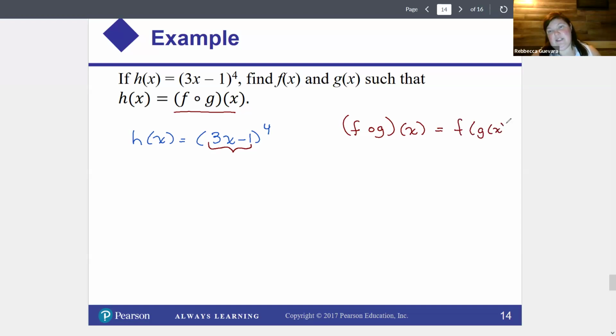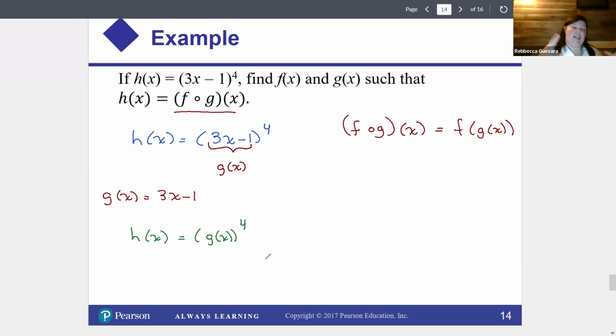So g is going to be the inside part. If we look for a part that looks like it's inside of another function, we're going to label that part g. So it looks like we could say that g is just my 3x minus 1. Now, if we're looking for that outside part, as we said that 3x minus 1 is g, that's just g of x to the power of 4.